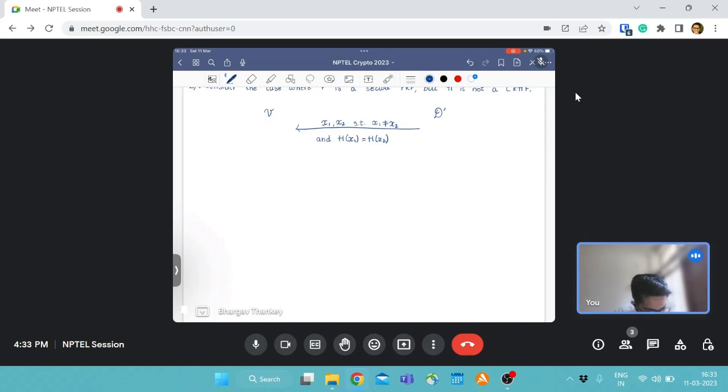Then what does the verifier do? It takes b uniformly at random from 0, 1.